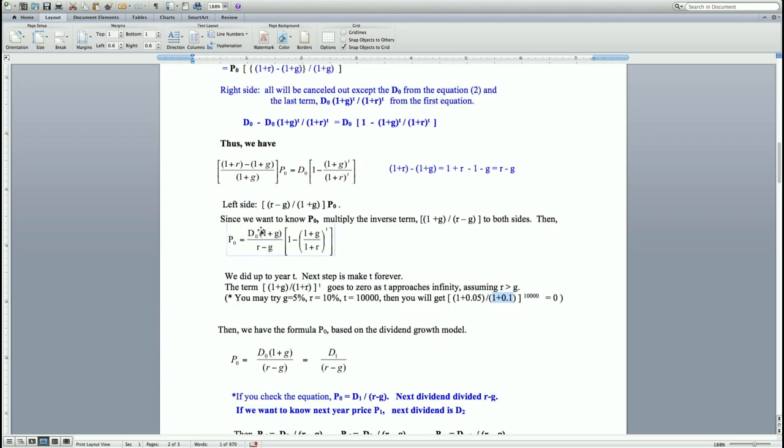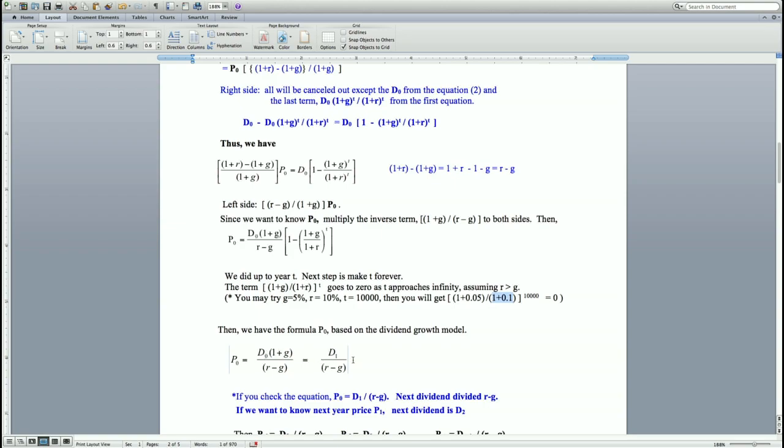Anything times 1 is itself. So after we make t forever or a big number, we have P0 equals D0 times 1 plus G over R minus G times 1. That's itself. So now we have the formula P0 equals D0 times 1 plus G over R minus G. Or D0 after adding G%, that means D1.